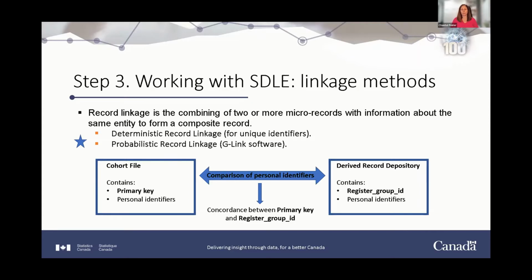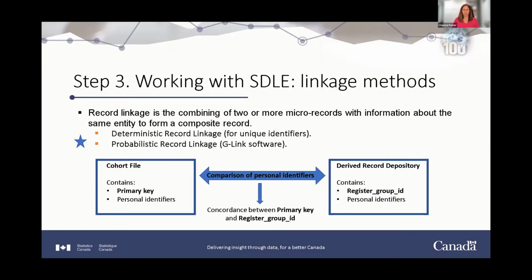The derived record depository is a historical longitudinal database that combines personal identifiers of Canadians that we have built using different admin files, such as birth, tax, and immigration files. All records in the DRD are assigned a unique statistical number called the register group ID.